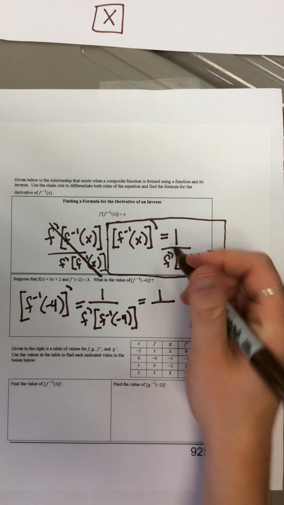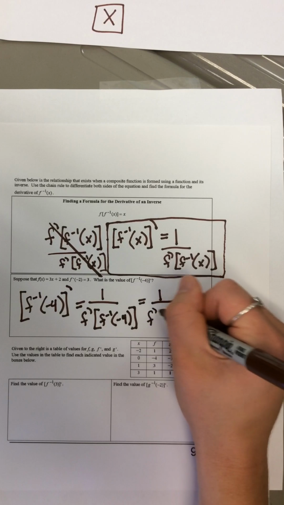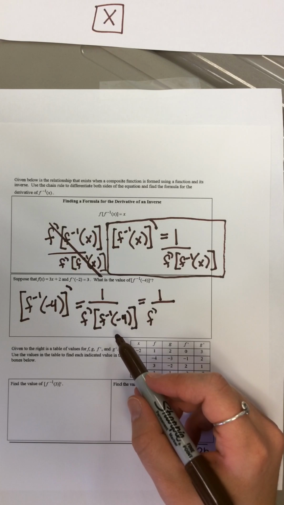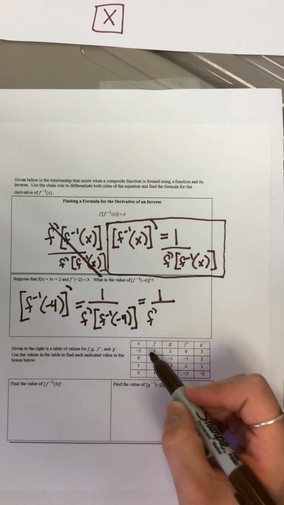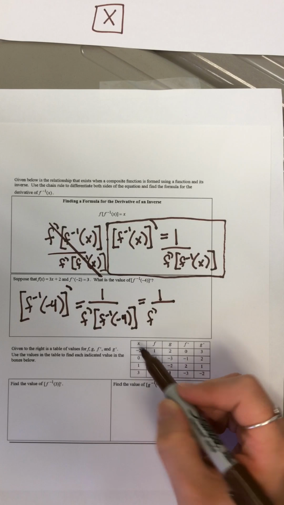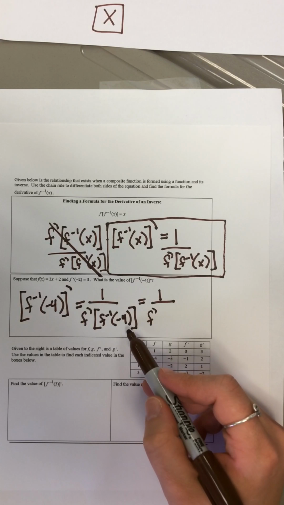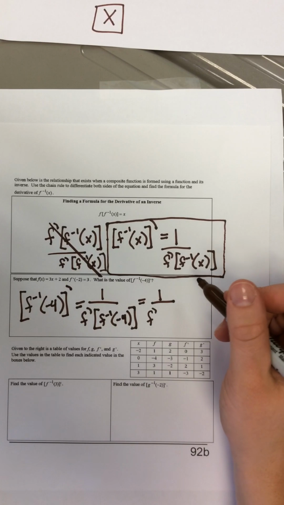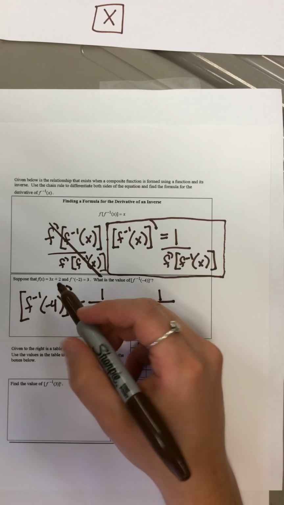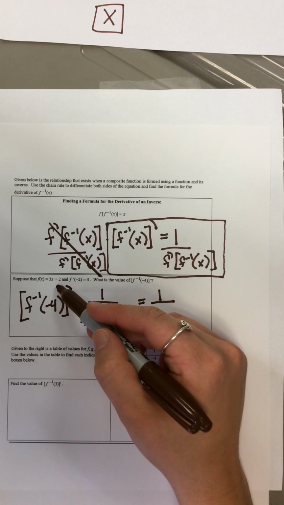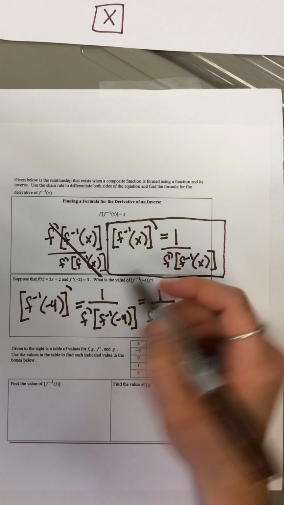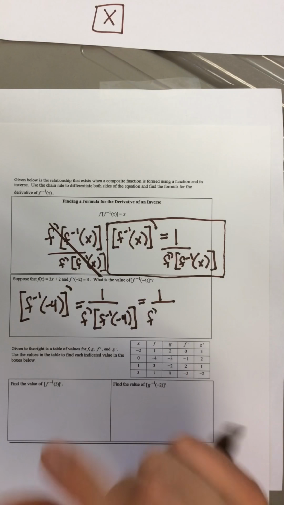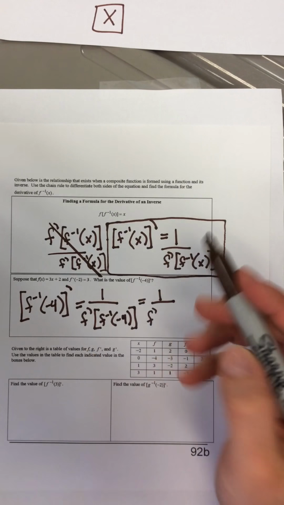So what I actually get is 1 over f prime. And now think of what f inverse of negative 4 is actually asking. Negative 4 in my original function isn't going to be an x value. In my original function, it's going to be the y value, because remember, inverse switches, and all I'm given is f of x is 3x plus 2.